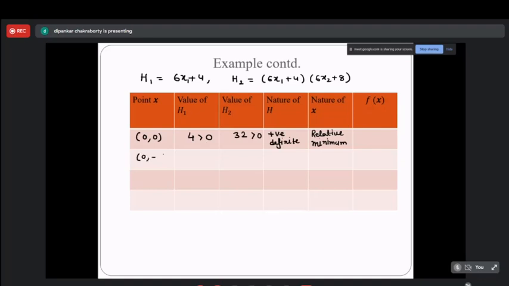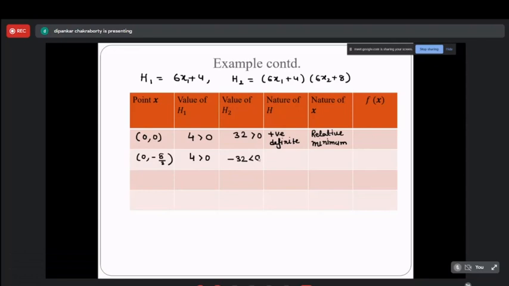The next point is (0, minus 8 by 3). What will be H1? Again 4, which is greater than 0. H2: this one is 4, and this one is minus 8 by 3 times 6 plus 8, that is minus 16 plus 8, which gives minus 8. So H2 is going to be minus 32, which is less than 0.